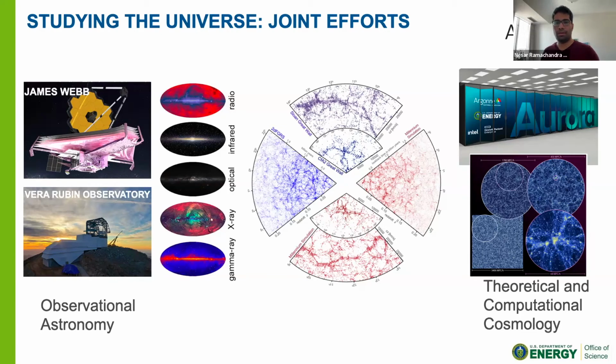The plot that you see in the center here is actually the distribution of galaxies coming from observations in two of the pies. And the red ones are coming from the simulations directly. And you can see that geometrically, at least, there is a very good match between how the galaxies are distributed.